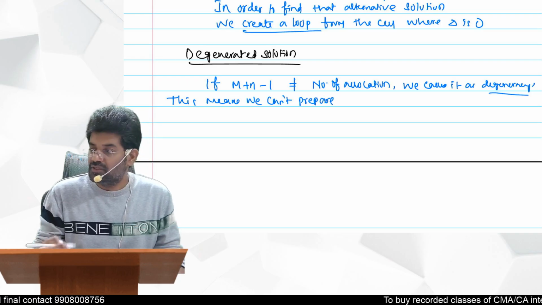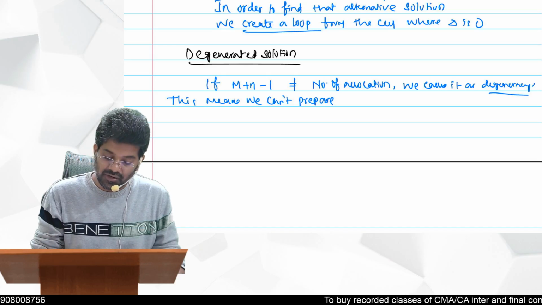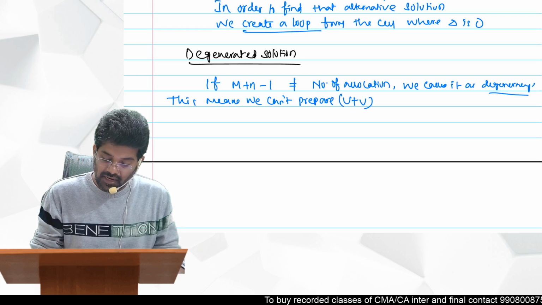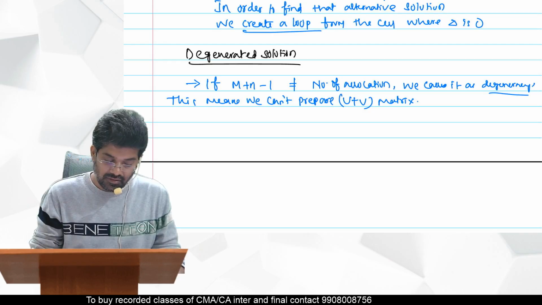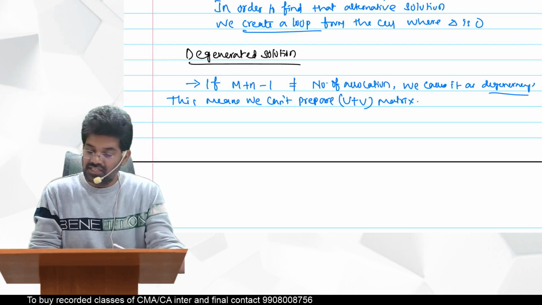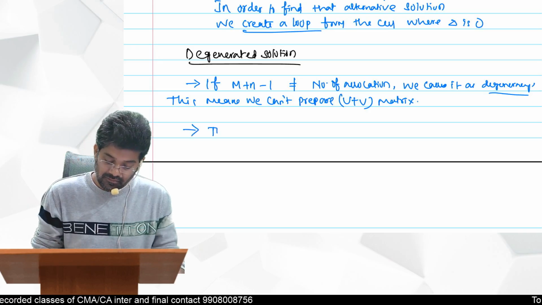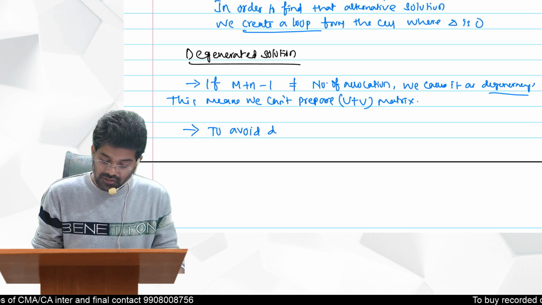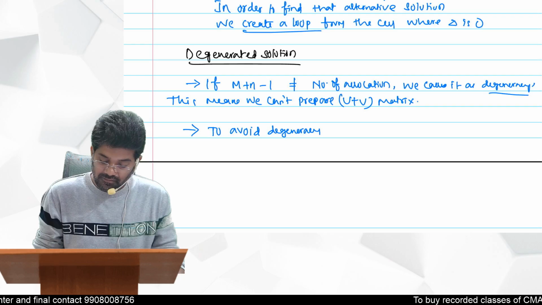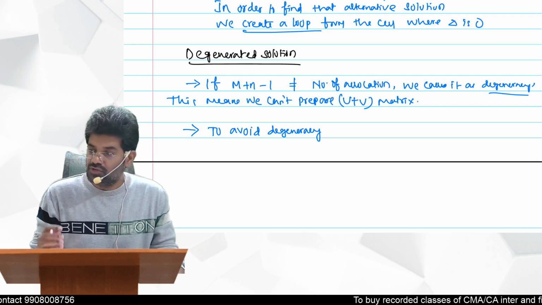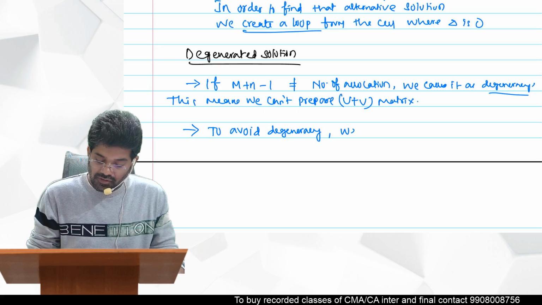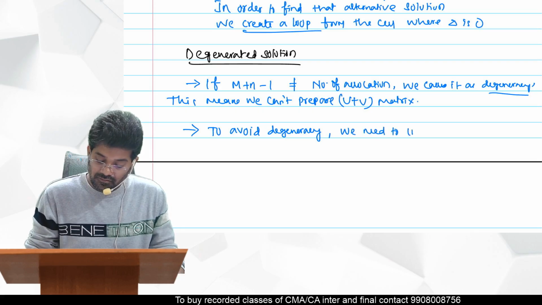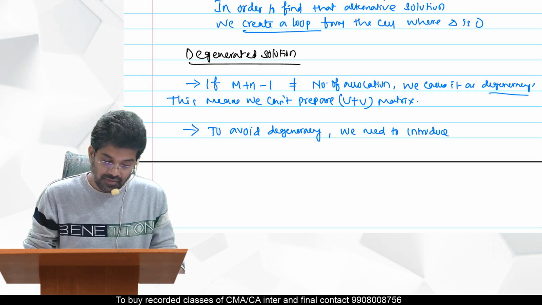The optimality test cannot be done without satisfying this condition. Now, to avoid this degeneracy, we should select the smallest value called epsilon. We need to introduce a new allocation.